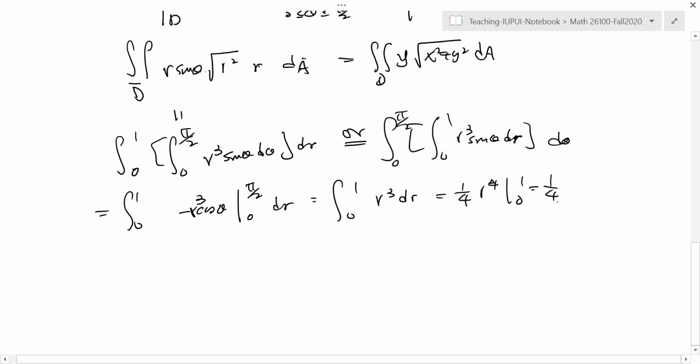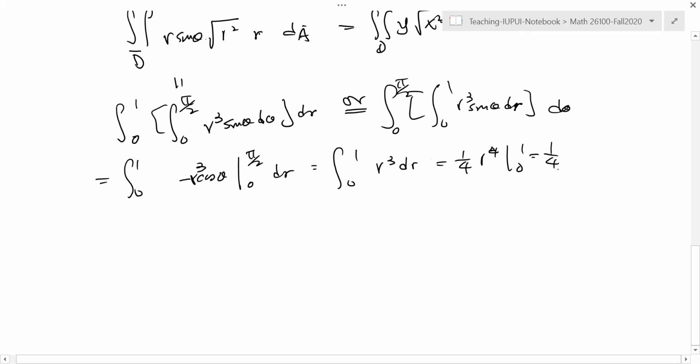All right. So now we're going to talk about density and the center of mass.